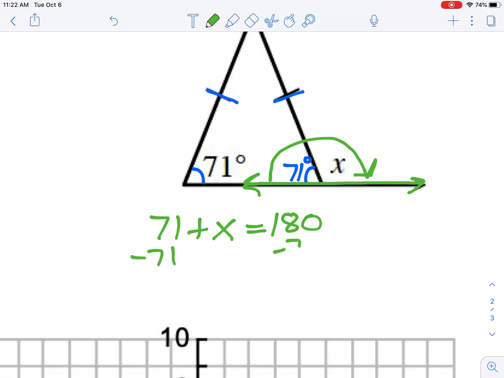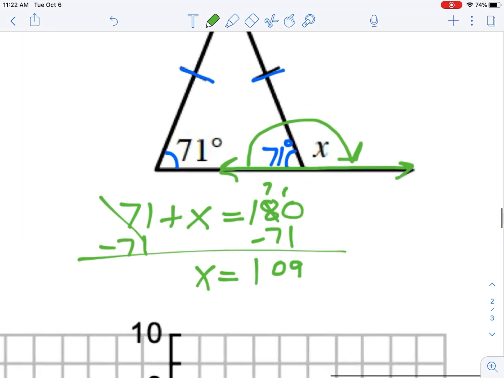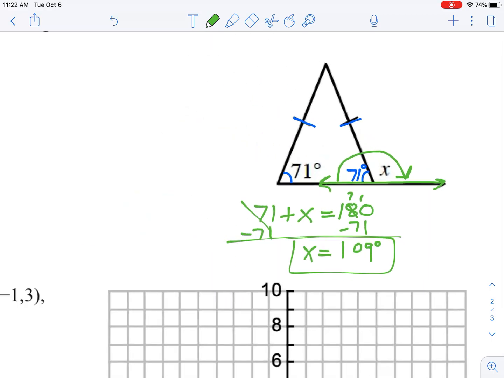Now I can subtract 71 to get x by itself. Let's carry the 7, carry the 1, 9, 109. So x would have to be the measure of 109 degrees. There we go.